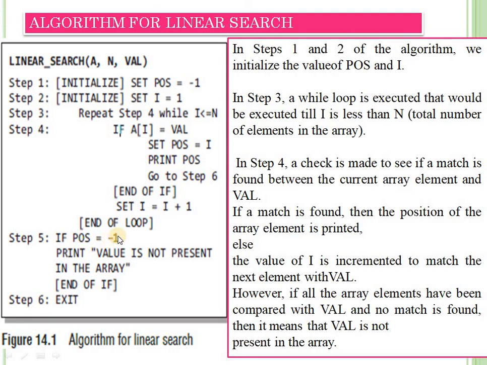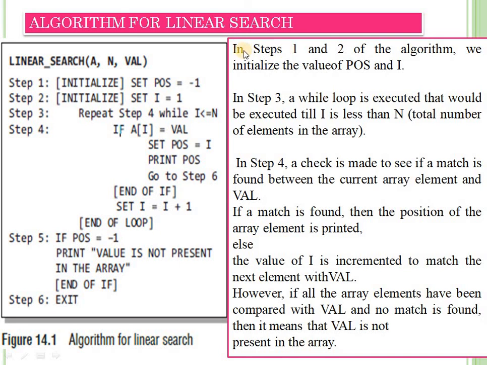If position is equal to -1, meaning up to this we have been comparing elements, and we still get position -1, it means the target element was not found in that array. Then the value is not present in the array. We just display that the value is not present in the array and exit the algorithm. Okay, understood this? Yes, ma'am.